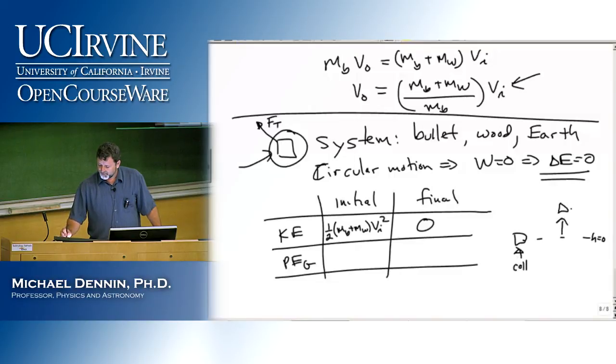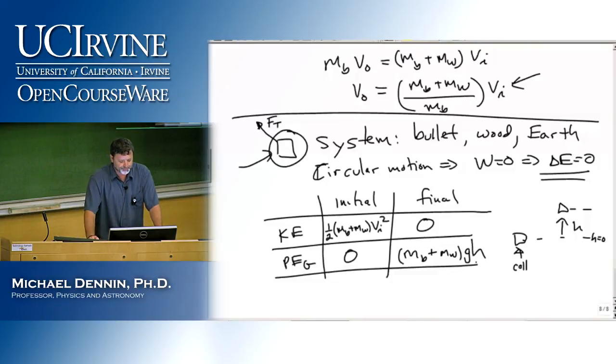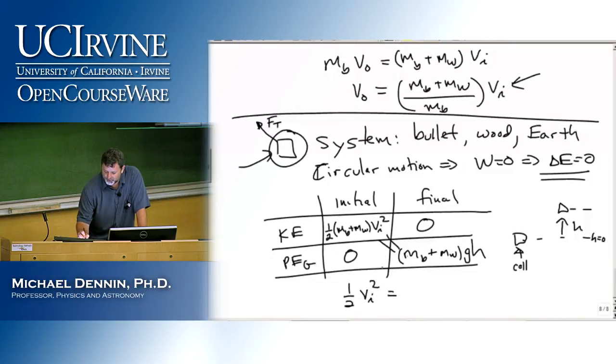And then the final height is h, so our initial potential energy is 0. Our final is the sum of the two masses times g times h. So as usual, I would equate these two, and my masses will cancel. So I have 1/2 V initial squared equals gh. And that tells me my V initial equals the square root of 2gh.